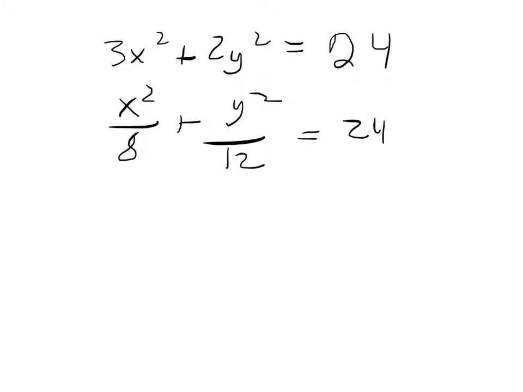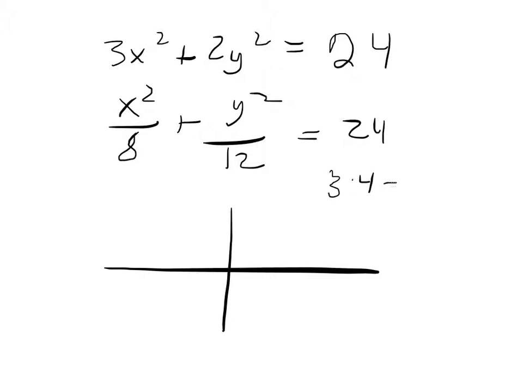So next question to ask is, where is my major axis? And 12 is greater than 8, so I know I'm going to have a major axis on the y-axis. And indeed, 12 is going to be 3 times 4, so I'm getting 2 root 3.